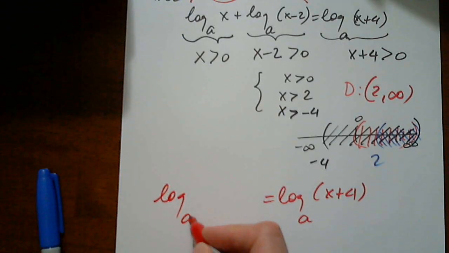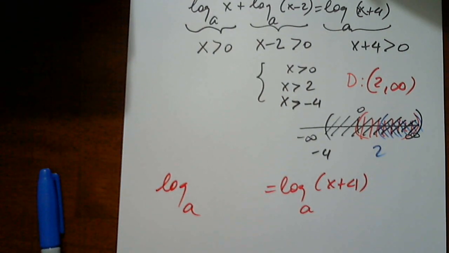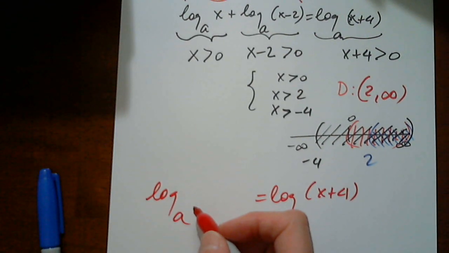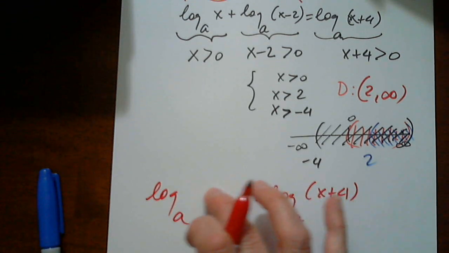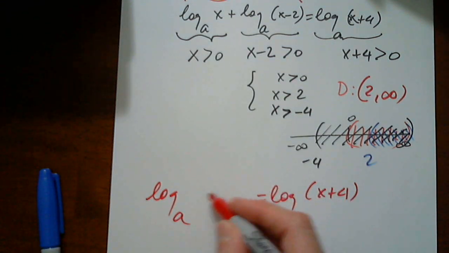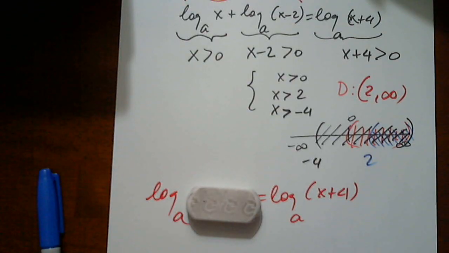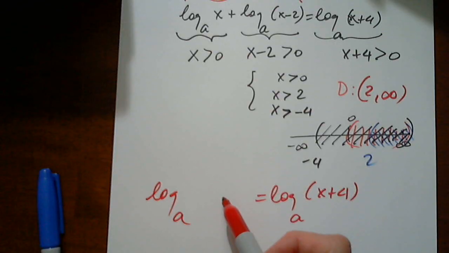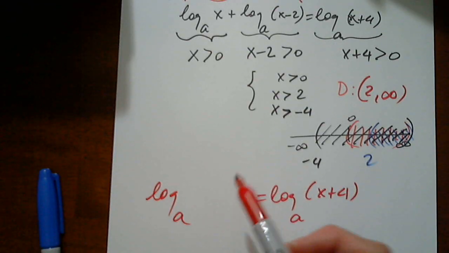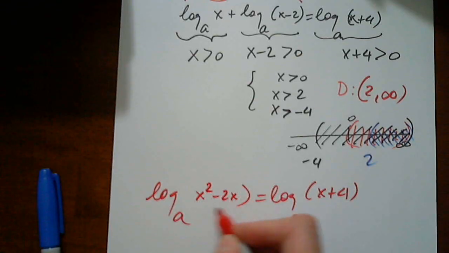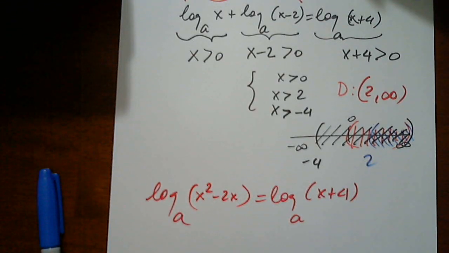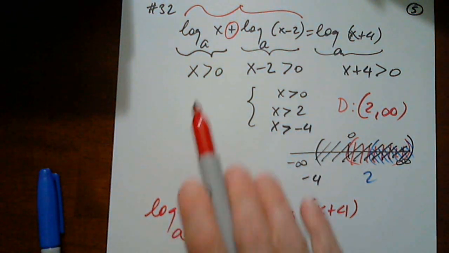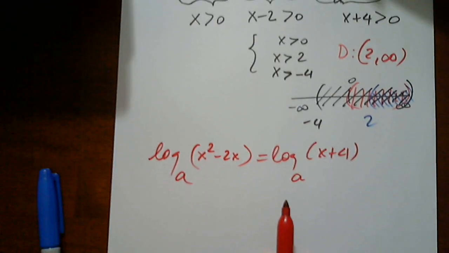Excellent. I need something here. You would multiply. Very good. X squared minus 2x. Awesome. Since there is a sum of 2 logs, these quantities get multiplied. X squared minus 2x. Perfect.